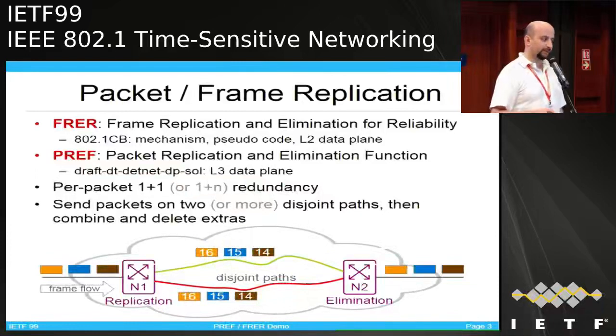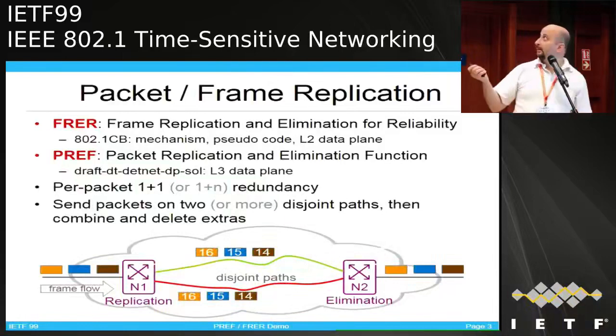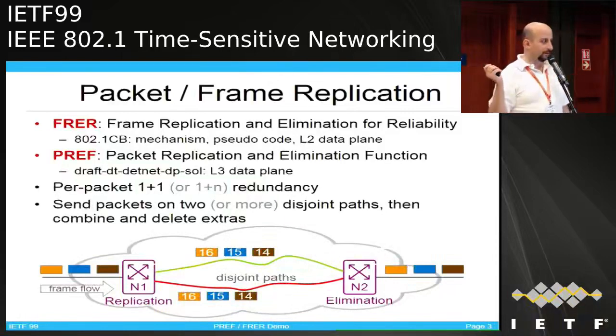At layer 2, it is frame replication and elimination for reliability. The 802.1CB specification provides you the mechanism, actually includes a pseudocode, and provides the layer 2 data plane details. And the DetNet document called the DetNet data plane solution, linked here, provides the layer 3 data plane aspects.